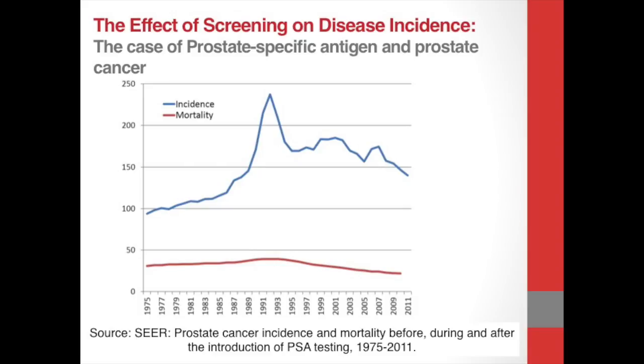Following this, the incidence of prostate cancer skyrocketed. The figure from SEER data displays this rapid increase. Prior to routine PSA testing, 1 in 10 men were diagnosed with prostate cancer. After the widespread PSA testing, 1 in 6 men were diagnosed with prostate cancer.